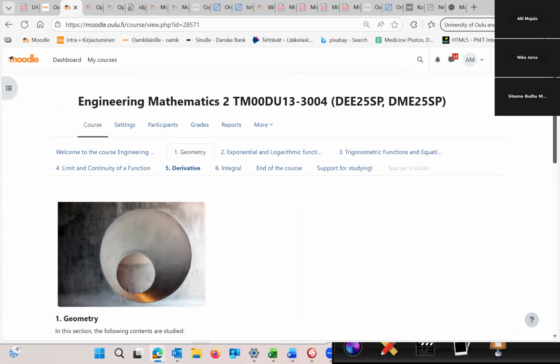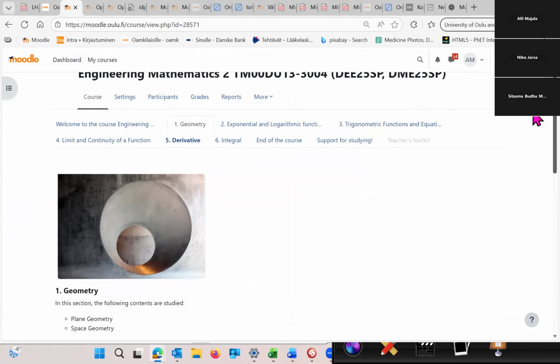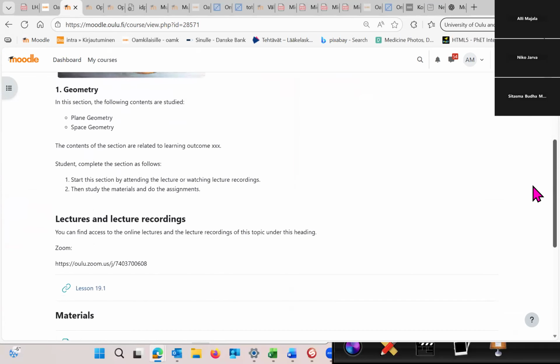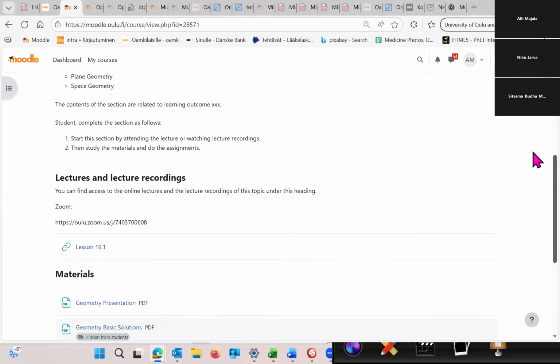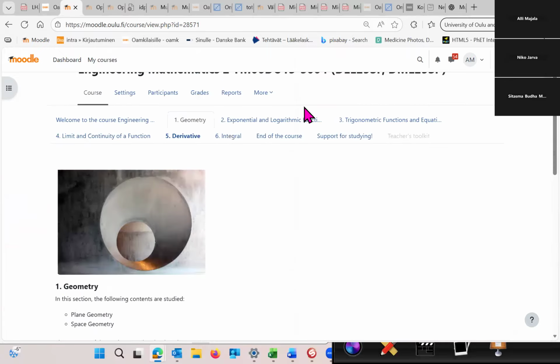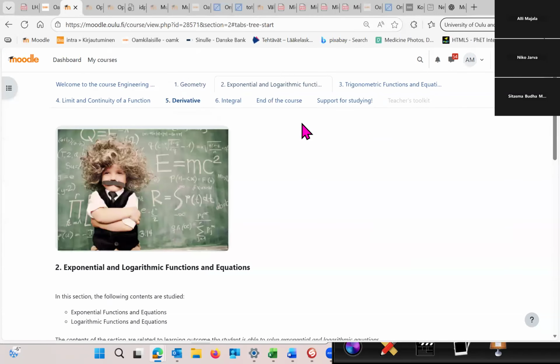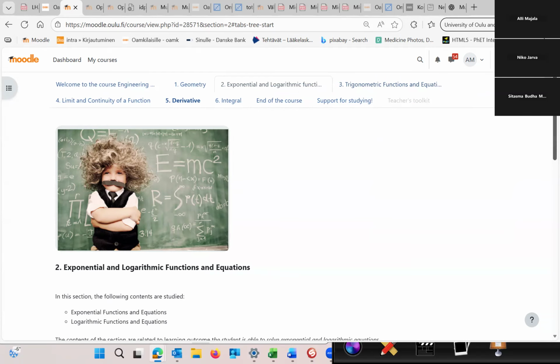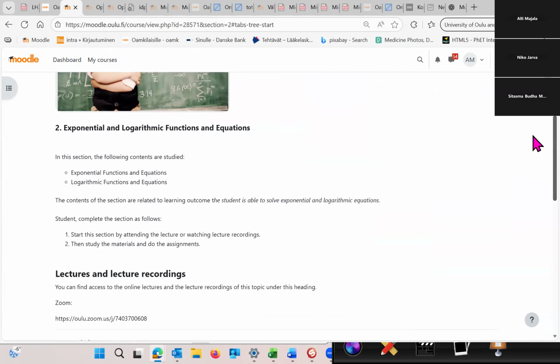I have to check this still, but when I calculated by hand, I got the correct answer. Now I have to check my calculations. Yes, exponential and logarithmic functions, trigonometric functions. We still have 2 weeks for this topic, and then the reset and the exam on the same week.